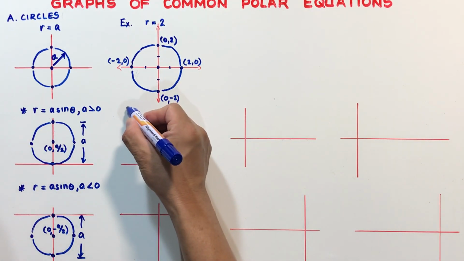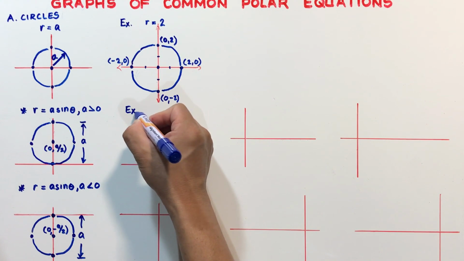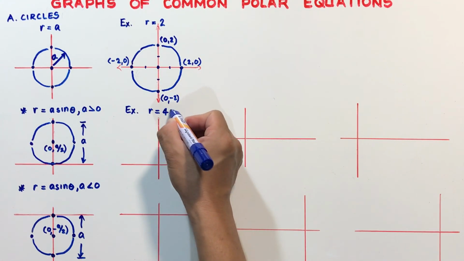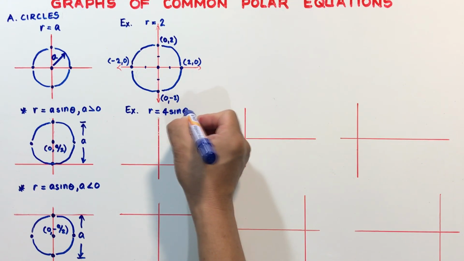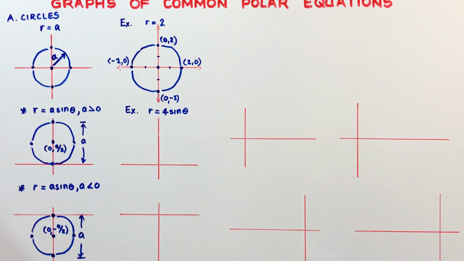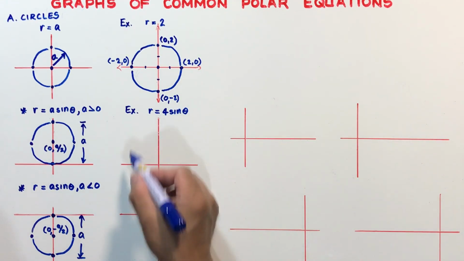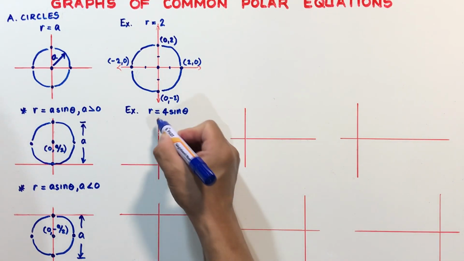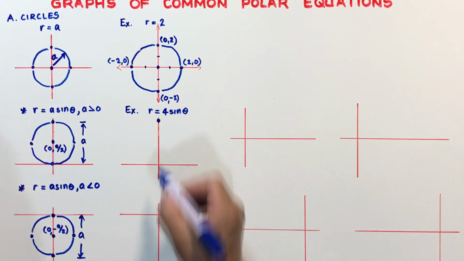An example for this is r = 4 sin θ. You see that the numerical coefficient 4 is positive. So this is a circle whose center is along the y-axis but above the x-axis, whose diameter is 4. Suppose this is 4.